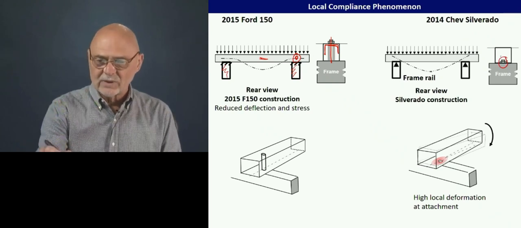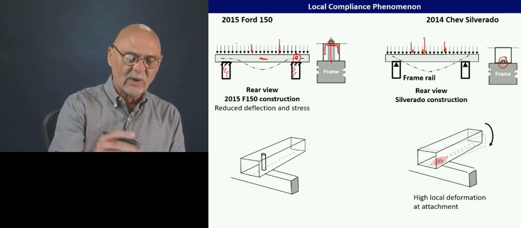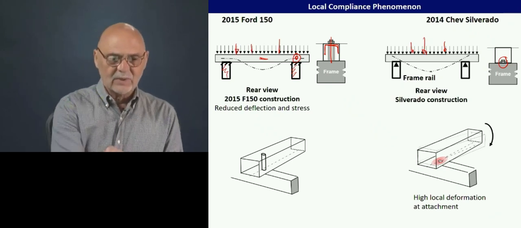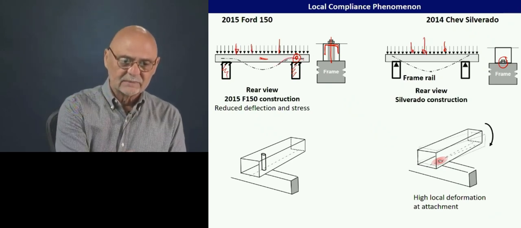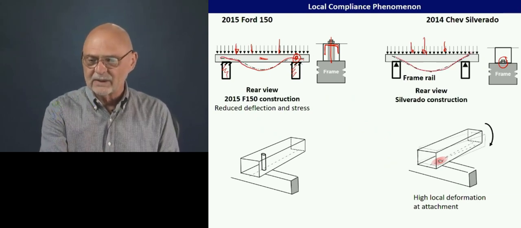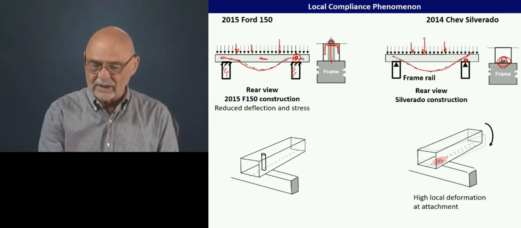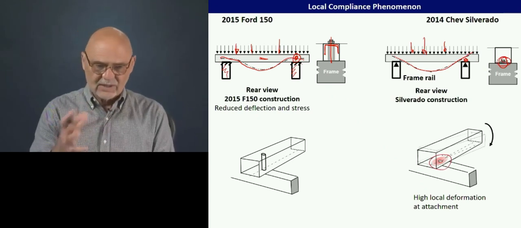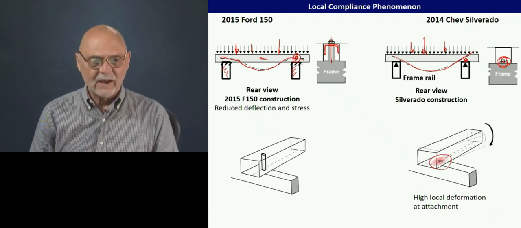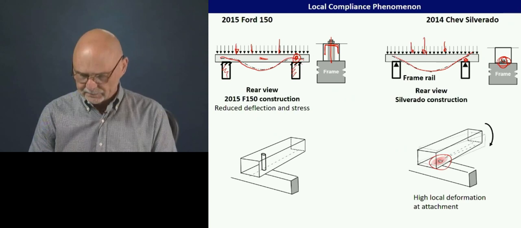So as we apply loads to the cross member, putting weight into the bed, we get something more like a pin joint here. We have more flexibility here for the Chevy Silverado and more localized stresses. So that's an example of how we adequately react a point load.